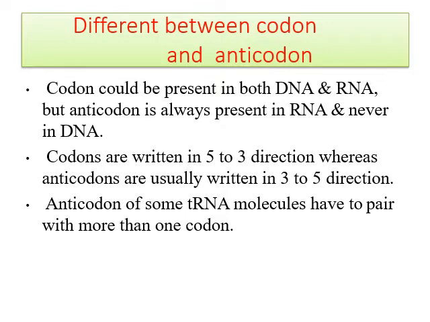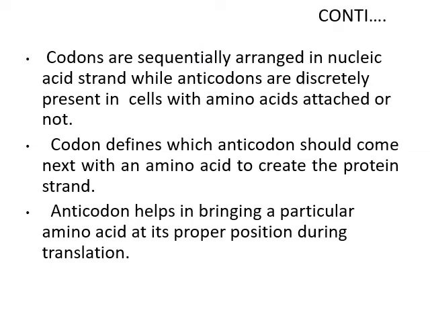Codons are written in 5 to 3 direction, whereas anticodons are usually written in 3 to 5 direction. Anticodons of some transfer RNA molecules have to pair with more than one codon. Codons are sequentially arranged in nucleic acid, whereas anticodons are discretely present in the cells.